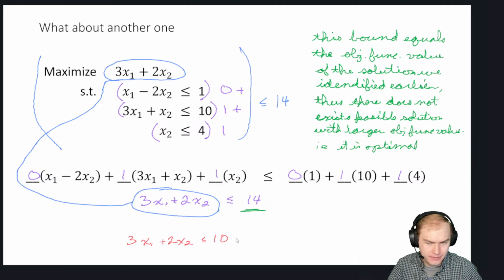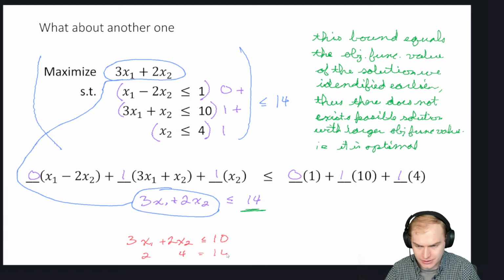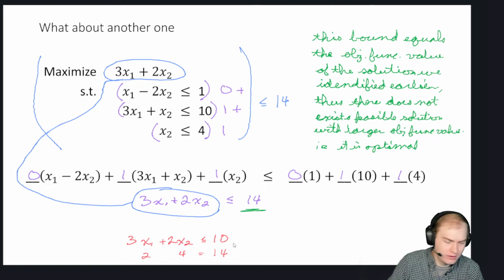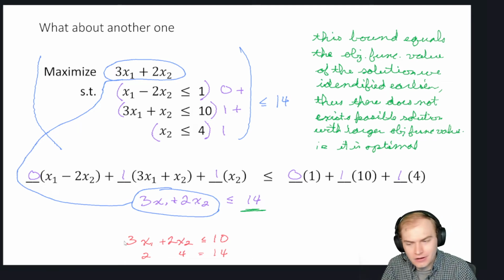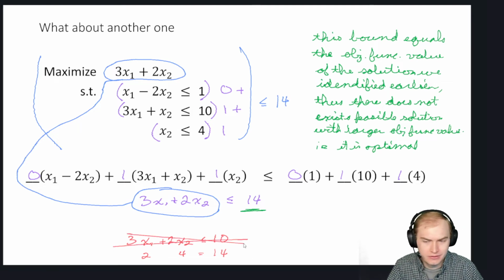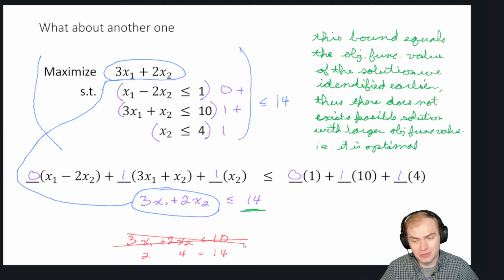Well, the problem is we found a solution (2, 4) that equals 14, which contradicts our bound. Fortunately, we haven't found a linear combination that gives us that, so we don't have that problem.